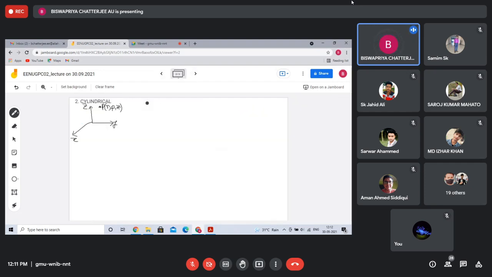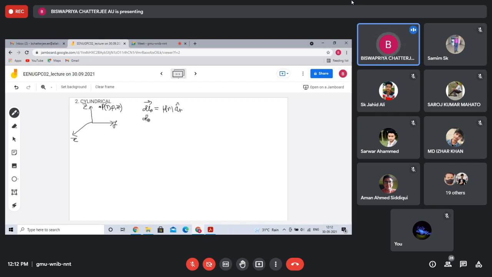What is the differential line element along r? dl r is dr ar cap. That is the differential line element along the r direction.